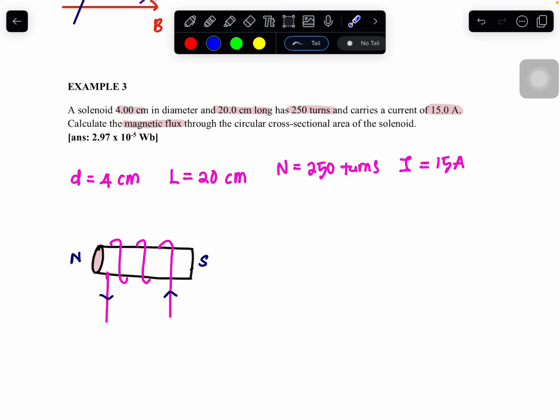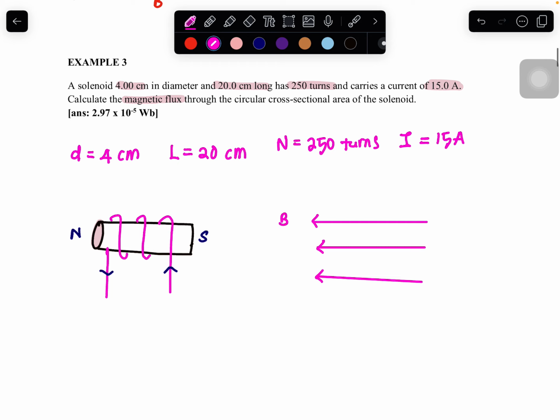So which direction is the area? The area is at the cross sectional area. So this will be our area. If I draw, it will look like this. This is our magnetic field.